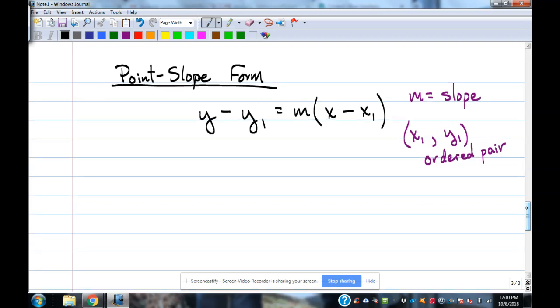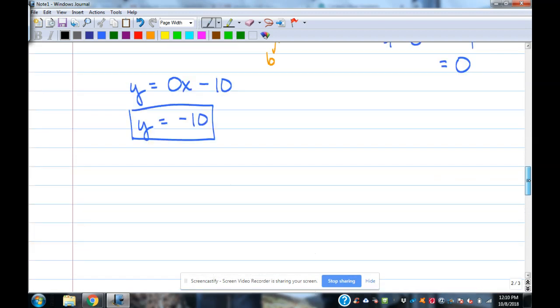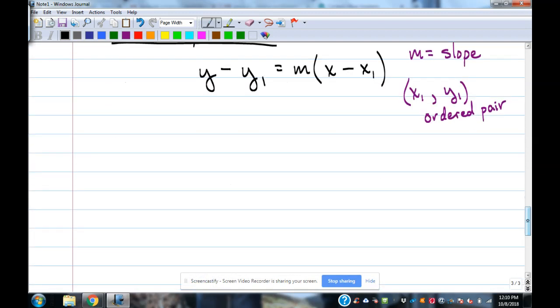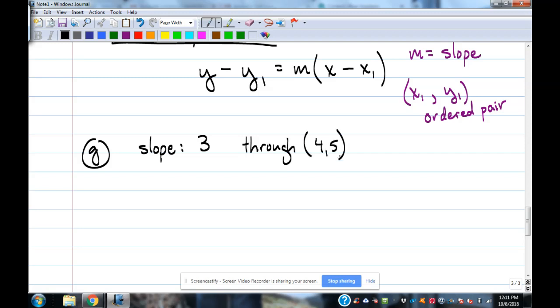So here's what we're going to try to do. What letter are we on here? G. I'm going to give you the slope, 3, and this line goes through the point 4, 5. Okay?